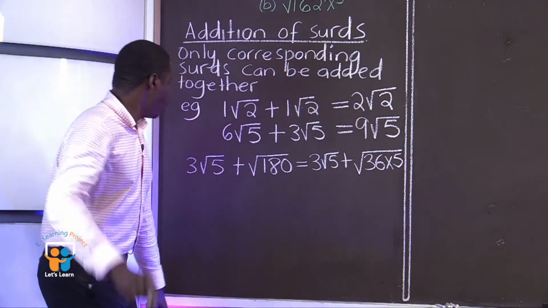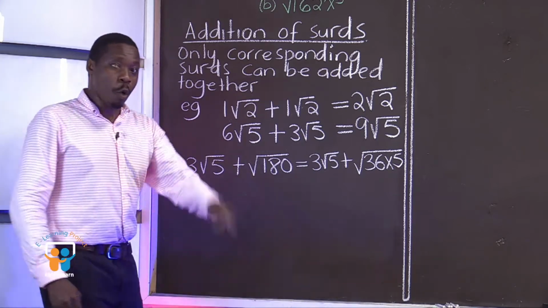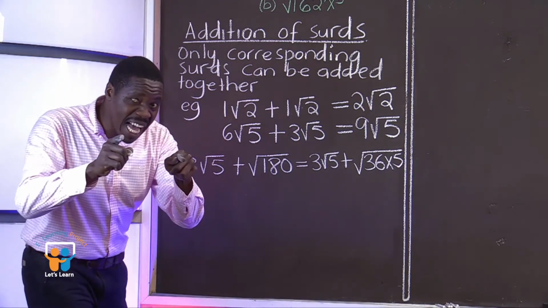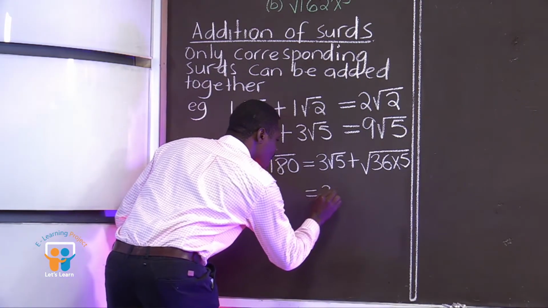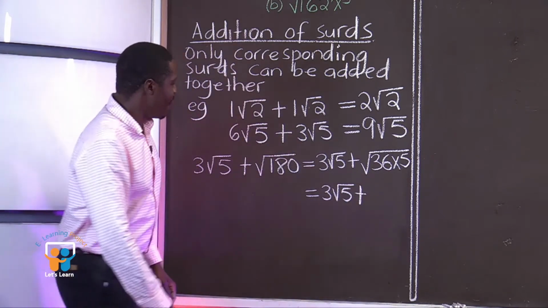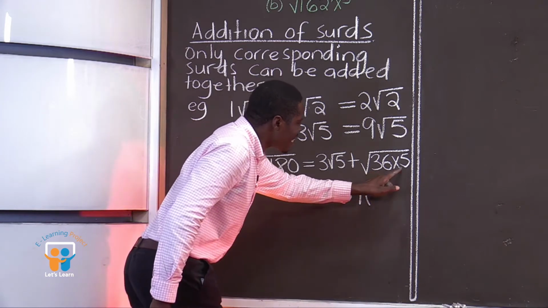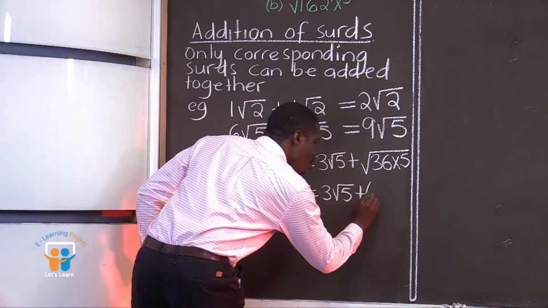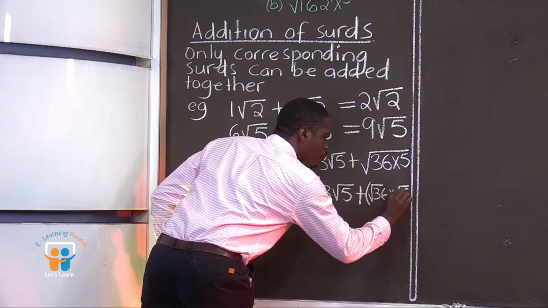Mr. Examiner, you have given me a question to add 3 root 5 plus root 180. You want the answer. Let me give you the answer. Get a red pen and mark my work. Now, what is this going to give me? It will give me 3 root 5 plus, but remember, Mr. Examiner, sir, root of 36 times 5 will give me a root of 36 times a root of 5.